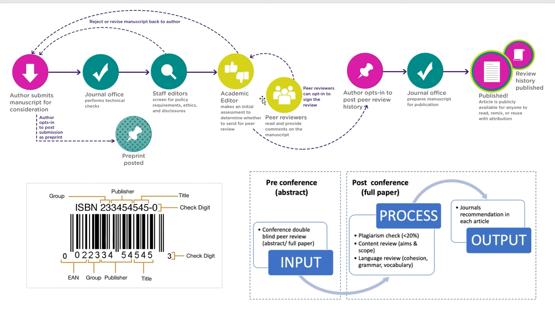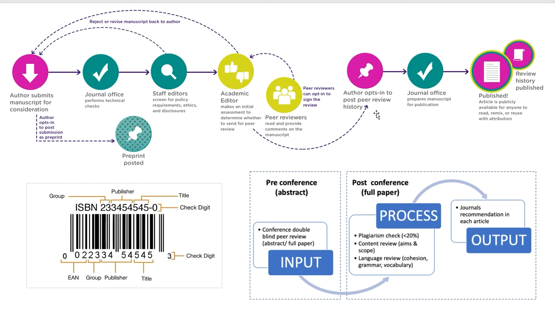The journal's academic editor makes an initial assessment to determine whether the paper is suitable to send for review or not. It is verified thoroughly, then the author is given the option to post the review history. If it goes to review, it is completely checked whether this article was submitted to this journal or any other platform.